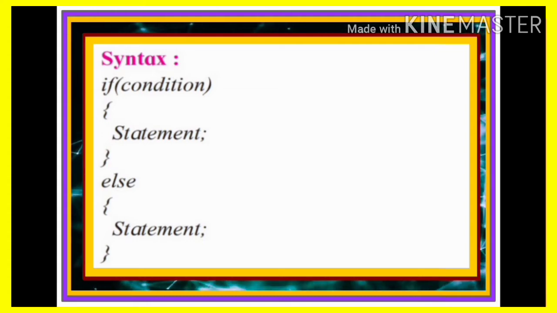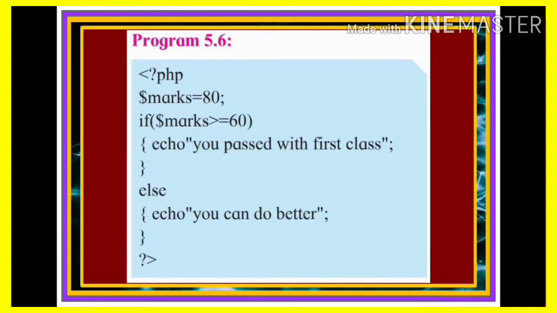In the condition, you can use relational or comparison operators on variables or values. So, the if-else statement allows the programmer to make decisions based on either this or that condition. Let's see one example of the if-else statement in PHP, program 5.6.